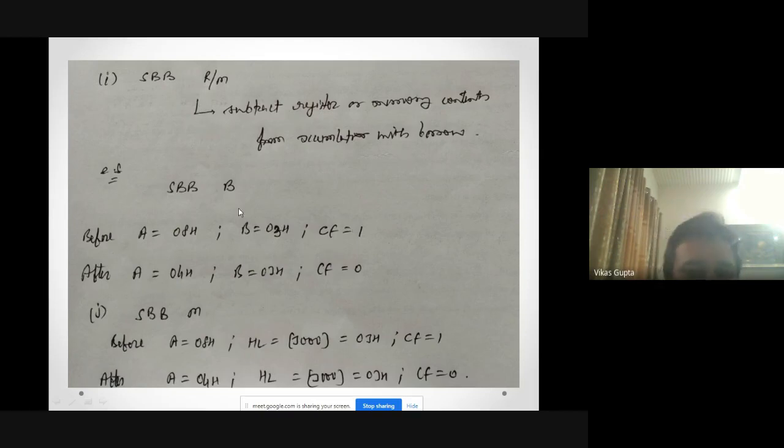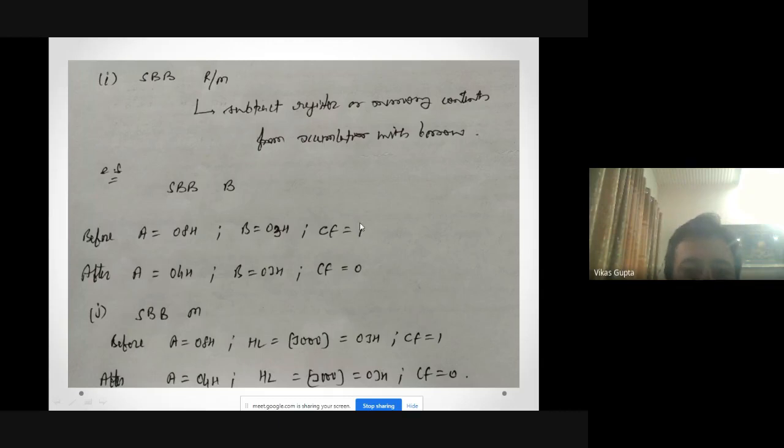हम लोग क्या कर रहे थे पहले, SBB मान लीजिए मैंने यहाँ पे पुट कर लिया, तो यहाँ पे एक्यूमुलेटर में 08H है, B में 03H है, कैरी फ्लैग में 1 है. तो यहाँ पे पहले वाले इंस्ट्रक्शन में we do not take into account the carry flag, but here in this case after execution 08 minus 03, and we are also subtracting the content of the carry flag.